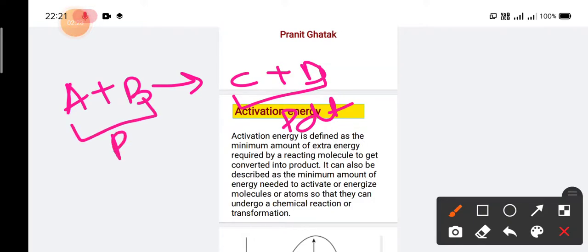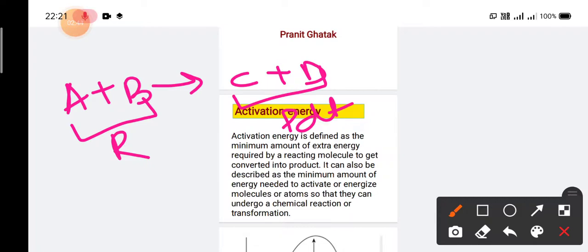The minimum amount of energy the reactants, A and B, require is to excite themselves, and by getting excited they will do the reaction.